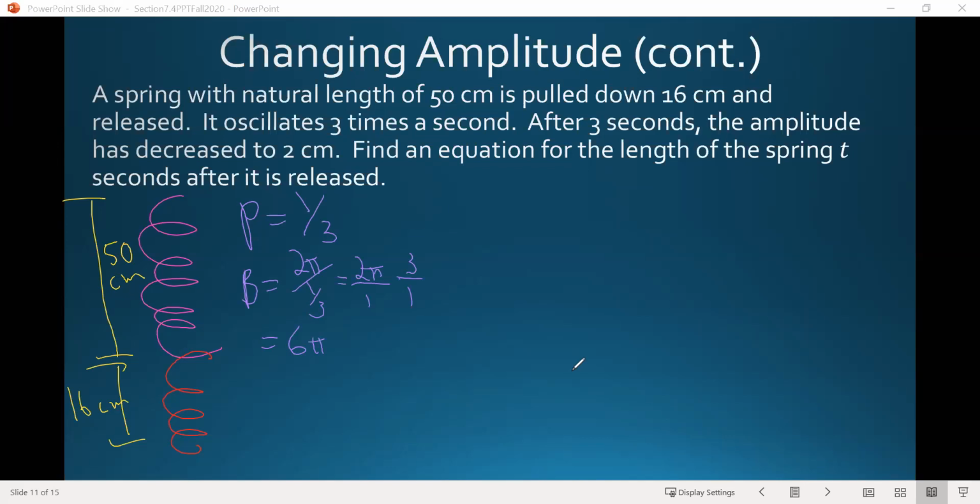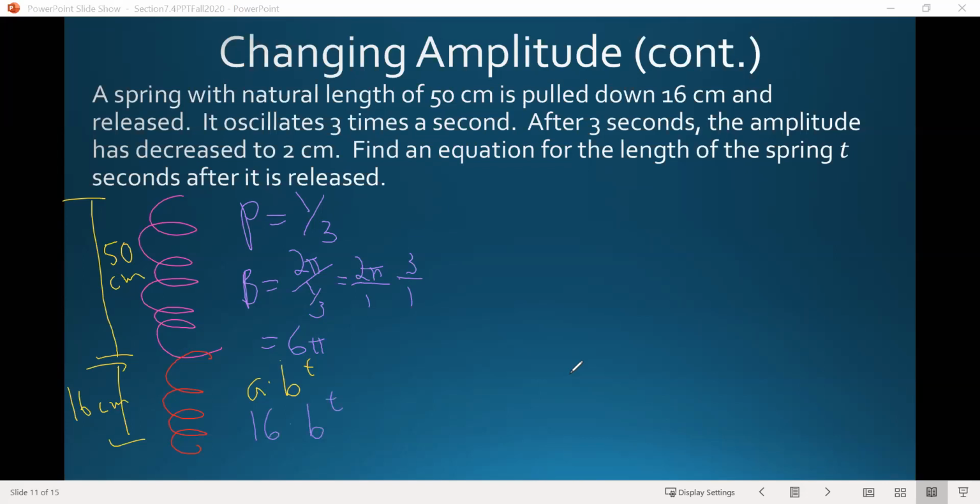And then we're also told that after 3 seconds, the amplitude has decreased to 2 centimeters. So in this case, if you think about our equation for the amplitude, a times b to the t, we know the initial value for the amplitude, which is 16, but they don't tell us anything about b this time.